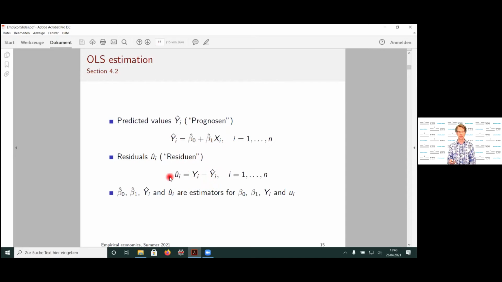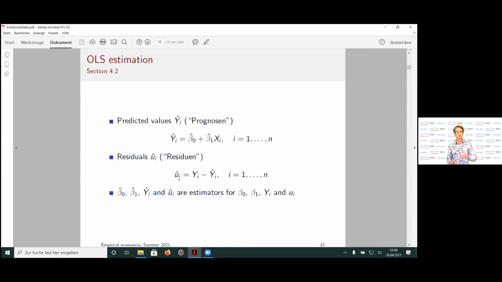And there's also a name and a symbol for this difference. The name is residual, or Residuum in Deutsch, and the symbol is u hat. So we compute the residuals by taking the difference between the actually observed values and the predicted values.